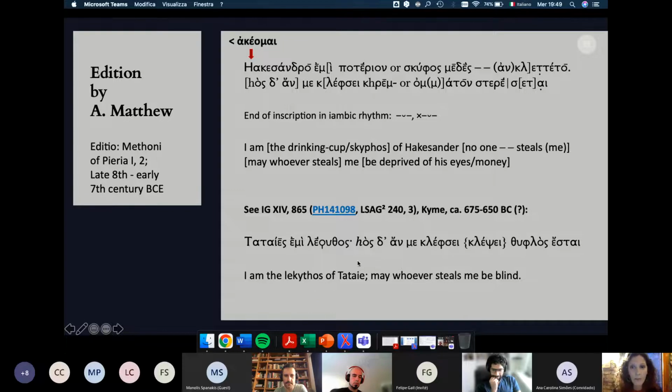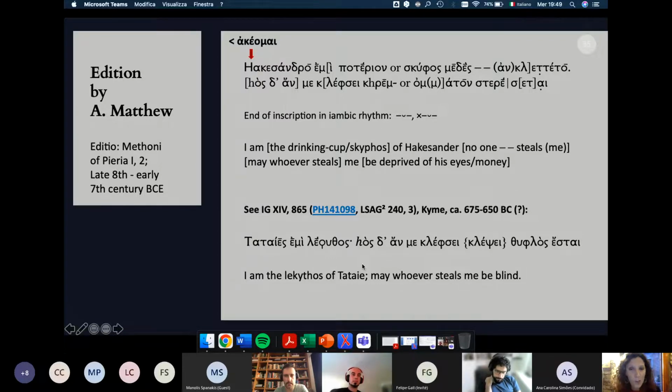So in this case, we have this very, very well preserved inscription from Cuma, near Ischia in Italy, that is from the 7th century BC. It says, I am the lekythos of Tataie, semi lekythos, osdan me klepsei typhlos estai.